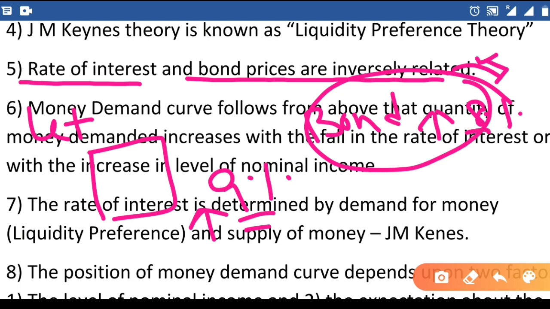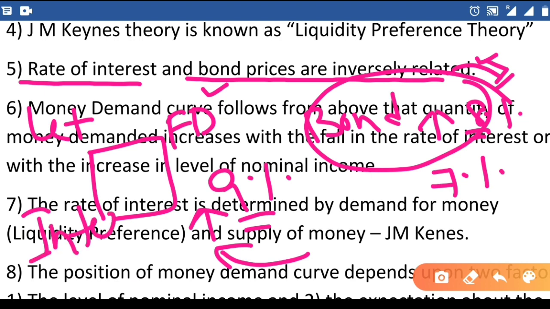For example, if he is unable to sell at 8%, then he can sell at 7%, and he can take this FD which is giving 9% interest. That's why if the interest rate increases, people will sell the bonds in the market and buy the higher interest products. So interest and bond prices are inversely proportional.